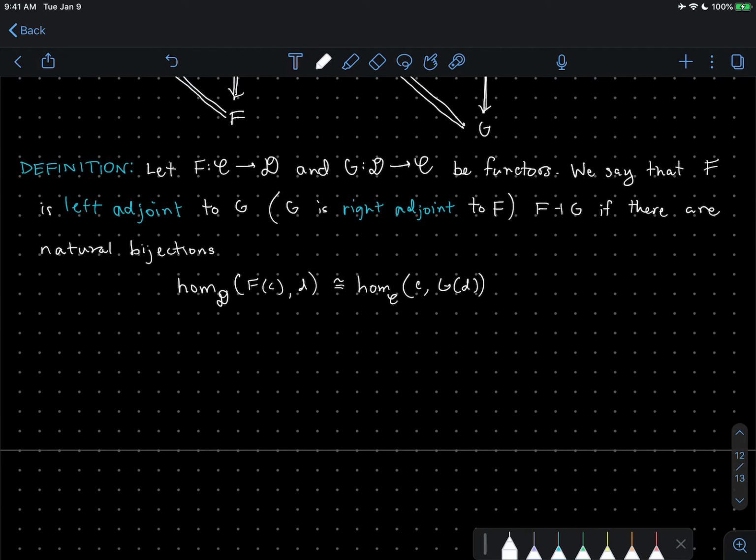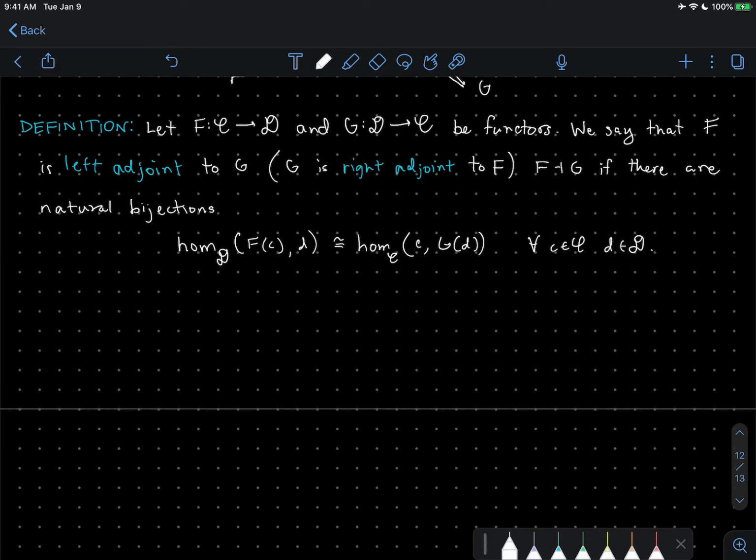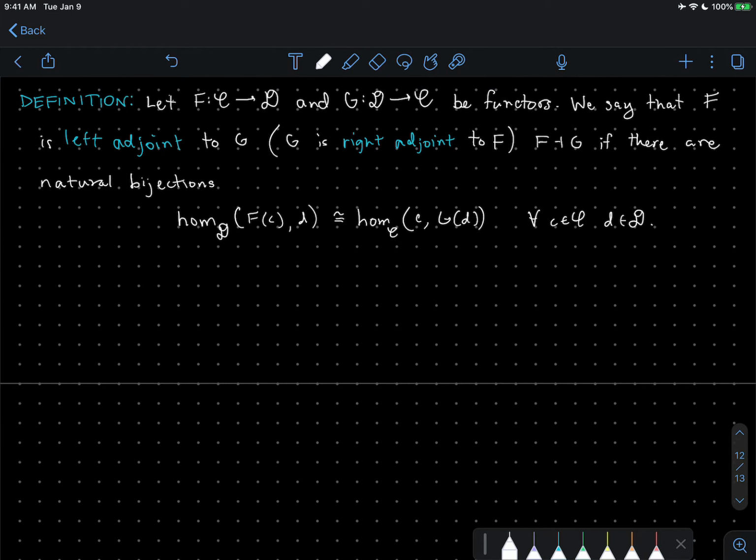And so these are natural bijections for all little c in C and little d in D. I'll leave it up to you to formulate precisely what naturality means in this setting.